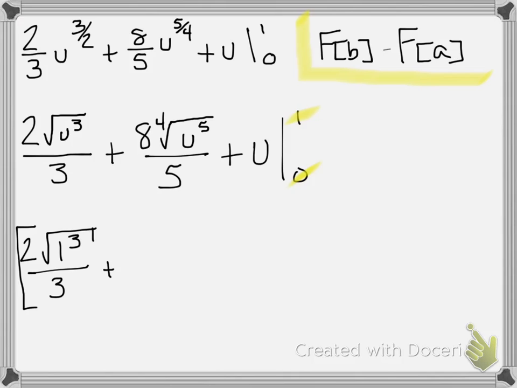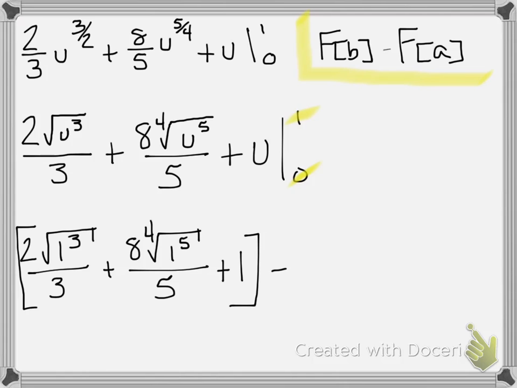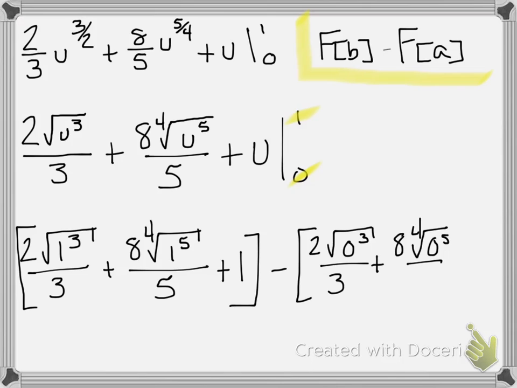And that's going to be plus 8 times the 4th root of 1 to the 5th over 5 plus 1, minus, and of course you can probably already tell that this is going to be 0, but I'll go ahead and fill it in for you so that you can see it. 2 times the square root of 0 cubed over 3 plus 8 times the 4th root of 0 to the 5th over 5 plus 0.